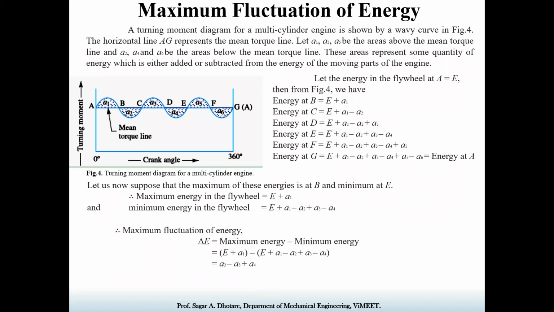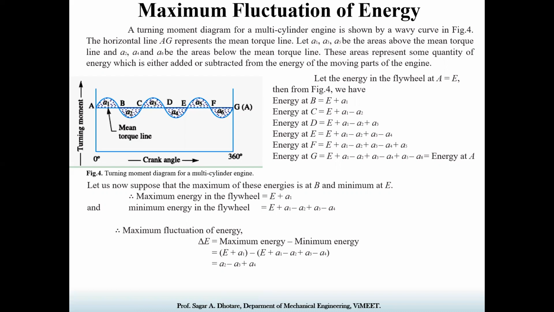In such a case, what is the maximum fluctuation of energy? How can we calculate it? Refer to the multi-cylinder turning moment diagram. In this diagram, the first area, small a1, is the curve between points A and B. That area we can consider as energy.